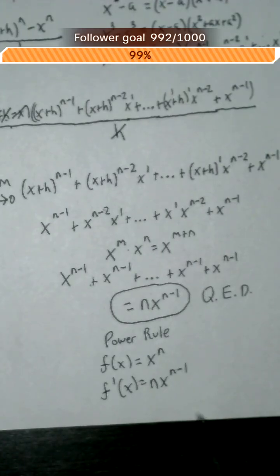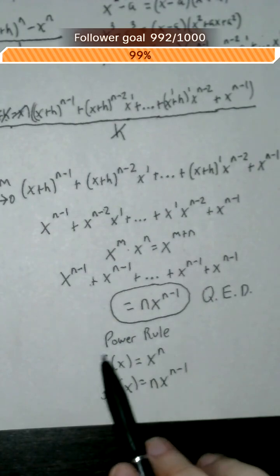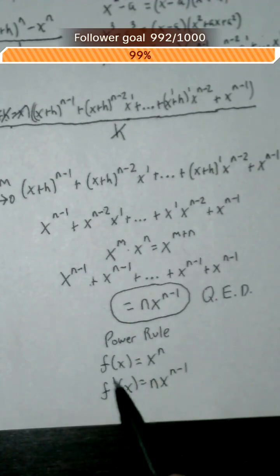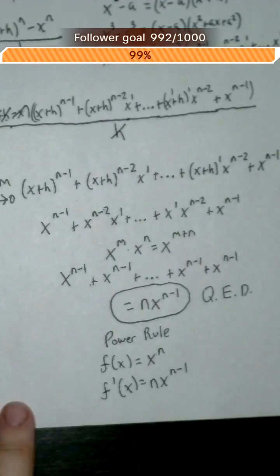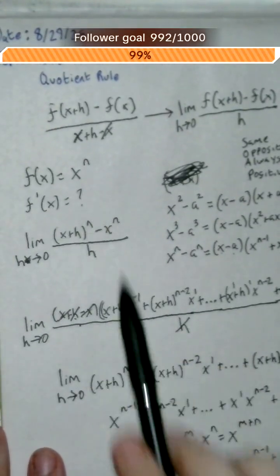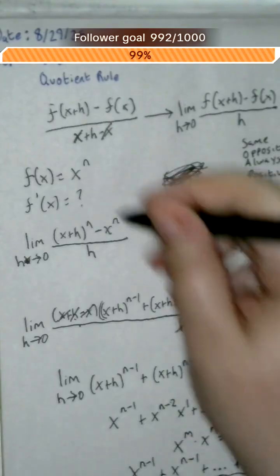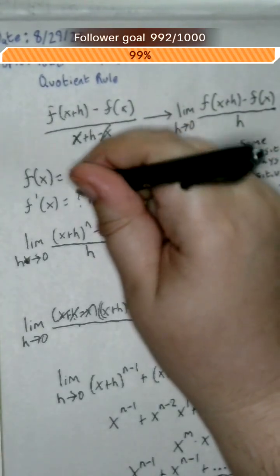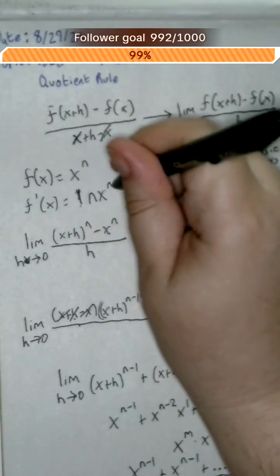So we're actually going to do a few examples, a few exercises with this to further illustrate the point, but we just spent the last little bit proving that was true. So this is going to be nx to the n minus 1.